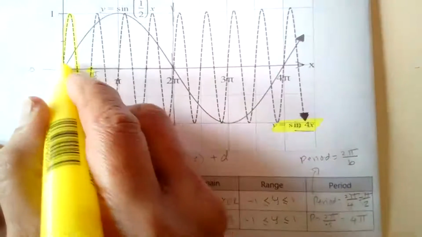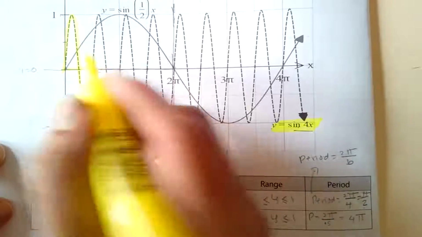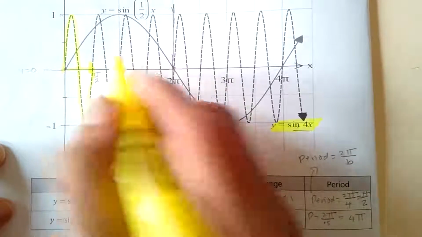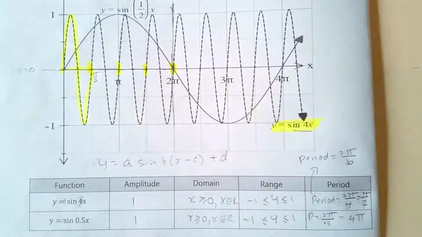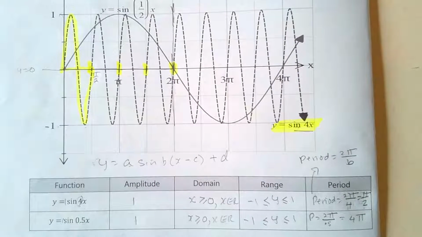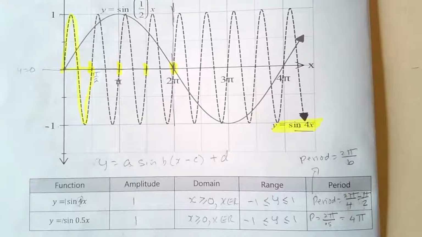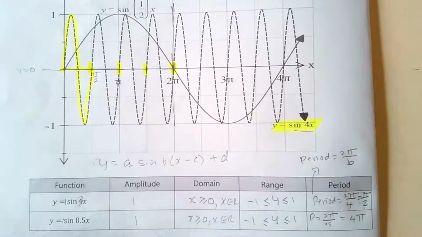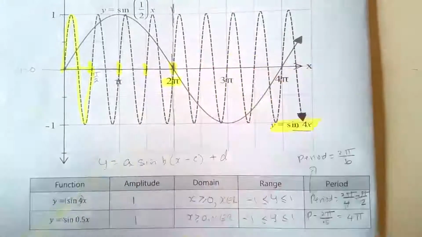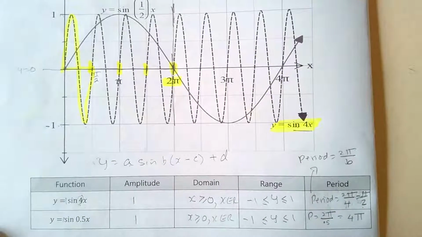So the first one here, 1, and we have another one here, another one here. So we have 4 cycles in 2 pi. And that's how you determine the number of cycles in a period. The b refers to the number of cycles in 2 pi, and you can calculate it if you're given the equation.